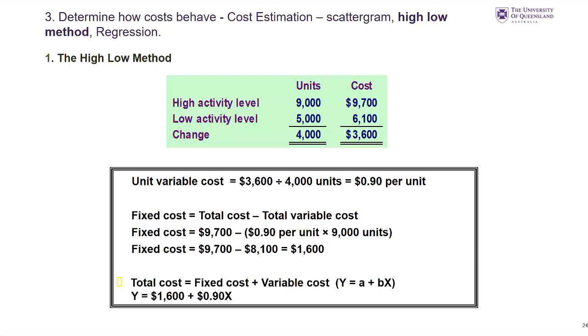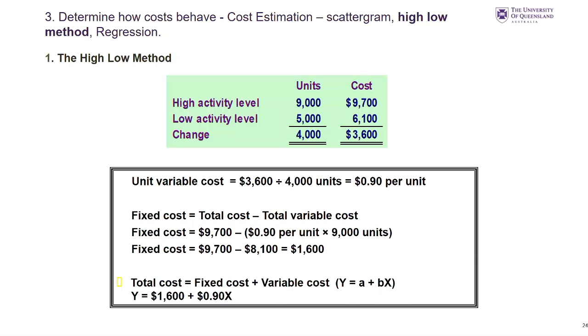So all we're doing is substituting into our equation what we know. We know that our total cost is 9,700. We know our B is 90 cents per unit, and we can just times that by the 9,000 units, and that will give us our total variable costs. So this is total cost, this is total variable cost. If we take total cost and we take away total variable costs, this will give us our fixed cost.